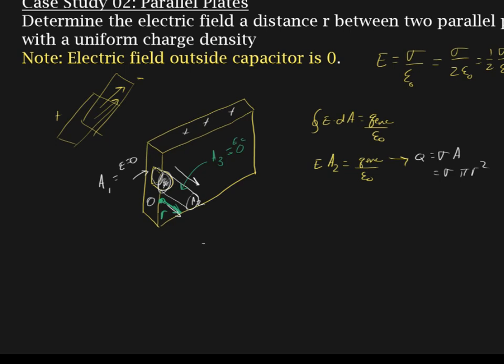Okay, that's at the surface. The area A2 is a circle of the exact same dimension, so we end up with E times pi r squared is equal to sigma times pi r squared over epsilon naught.